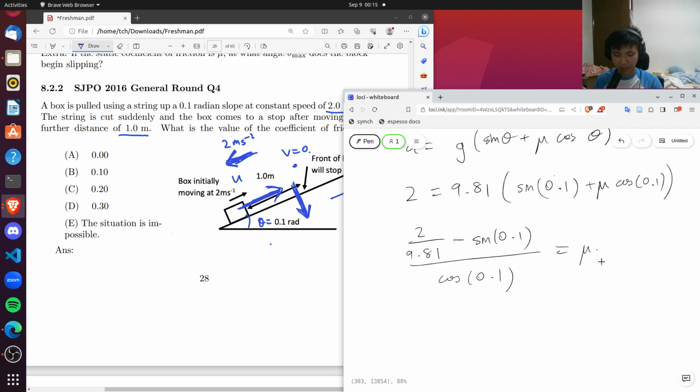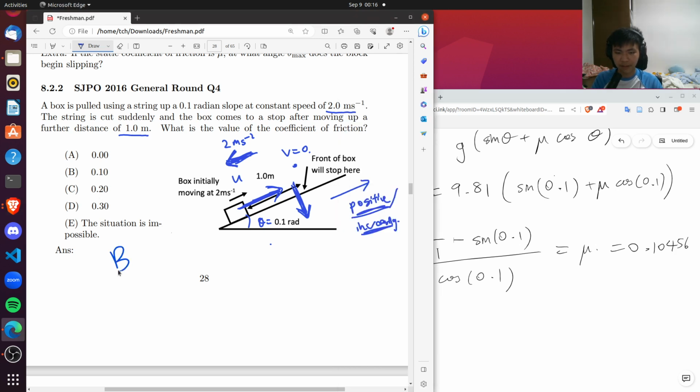Plugging this into a calculator, don't forget to set your calculator into radians mode, otherwise you're going to get a wrong answer. So I'm punching my calculator, and I basically get mu equals 0.10456, which to 5 sf is approximately 0.1. So the answer is B. Okay, so that's how you do this question.